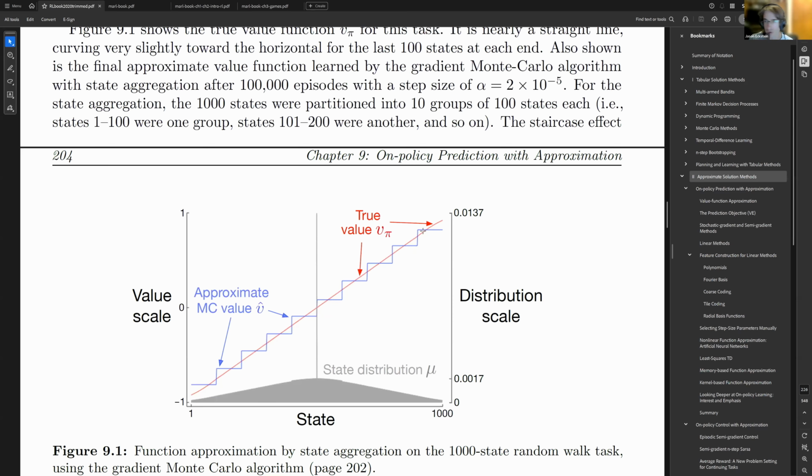And when you have an approximation function, you have to construct a feature vector, which takes the state and converts it into some set of information that is then used by the function approximator. Here, the information has been compressed because while there might be this full set of states, the approximation function can only see which region of the state space you're in. It can't actually see that you're in this state or this state. It can just see that you're in this block of states.